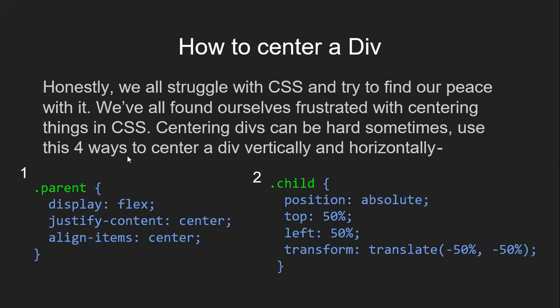So I've used these 4 ways to center a div vertically and horizontally. Firstly, you can use display flex, justify content, and align items on a parent in CSS to center our elements to the center of a page. We can also use the position property to center our elements at the center of our page using the top, left, and transform property.